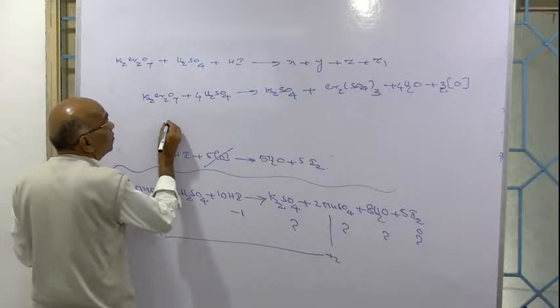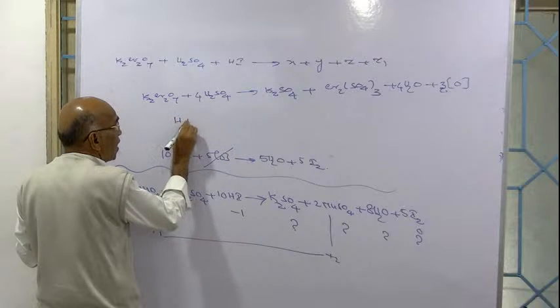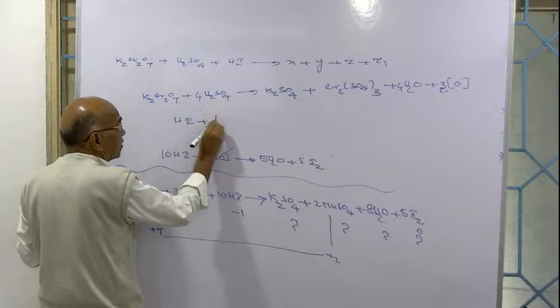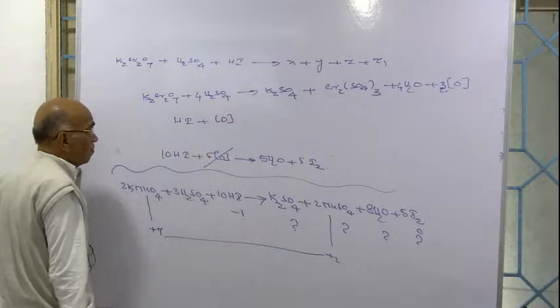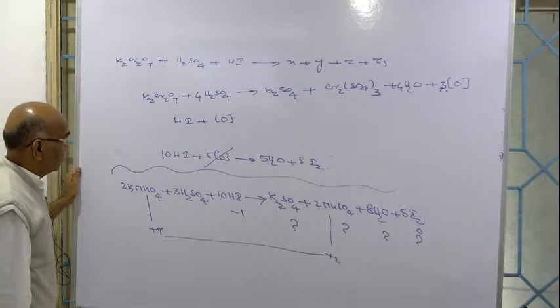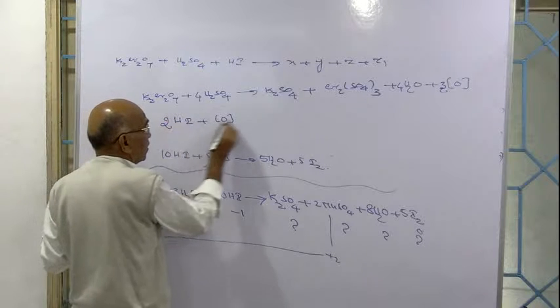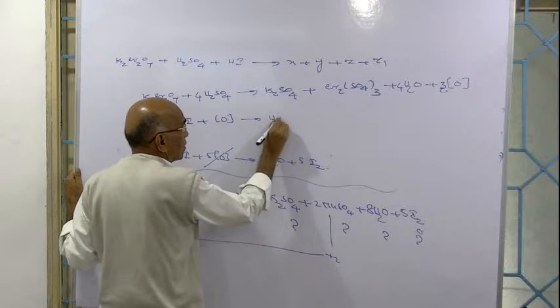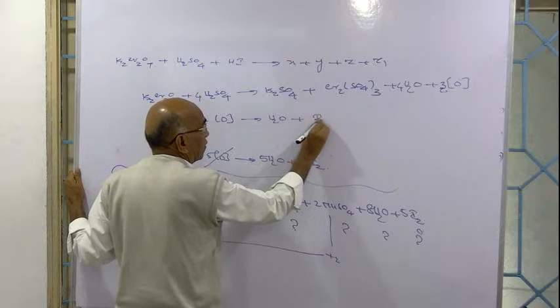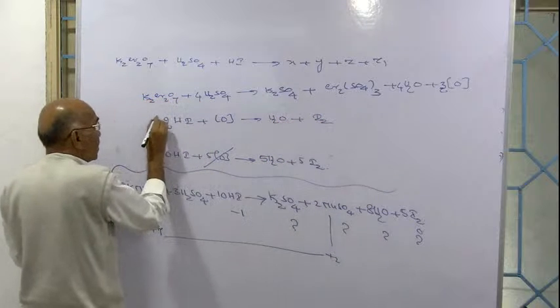So now HI plus oxygen, 2 moles of HI plus oxygen gives H2O plus iodine. You're getting 3 nascent oxygens.